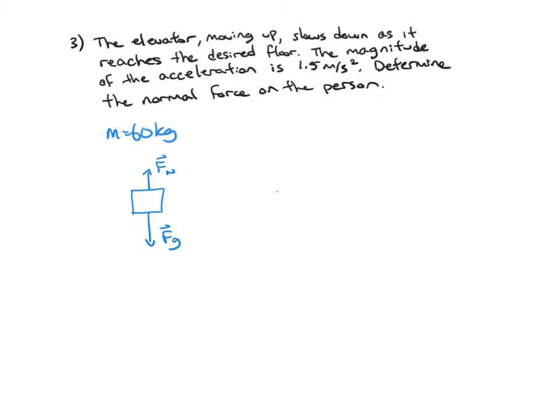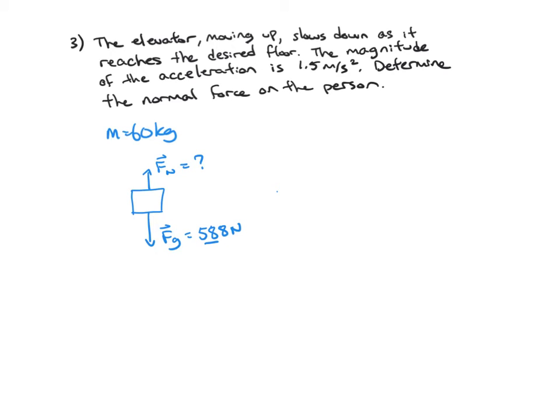Okay, my force of gravity is 588 from before. That doesn't change. The force of gravity never changes in any of these elevator problems. It's always m times g for the force of gravity. It's the normal force that changes depending on the acceleration. This is what we have to find out.